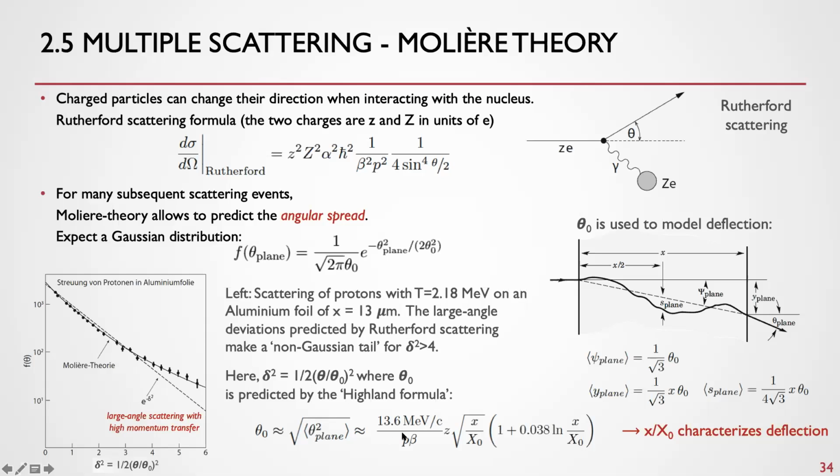I put here the so-called Highland formula that gives you the angular spread as a function of the thickness and as a function of the ratio of the thickness of the detector versus radiation length. You don't have to learn this formula because if you're designing a detector, you're anyway going to look it up and do a more accurate treatment. But the important statement here is that the ratio of the thickness of the detector to the radiation length is what characterizes the deflection.